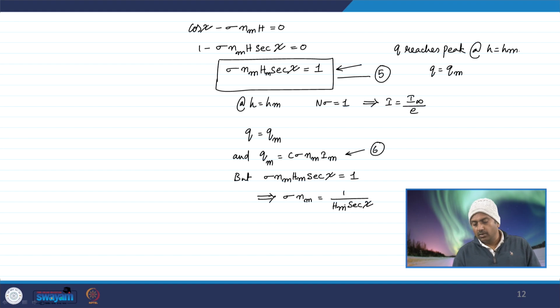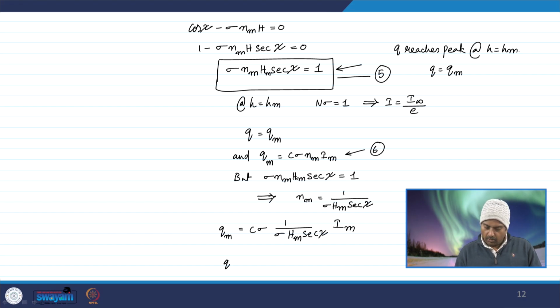Obviously, substitute this into equation number 6 and I write Qm is equal to C sigma, 1 by, I might as well put sigma here, Nm, C sigma, 1 by sigma Hm, both I secant chi times Im.